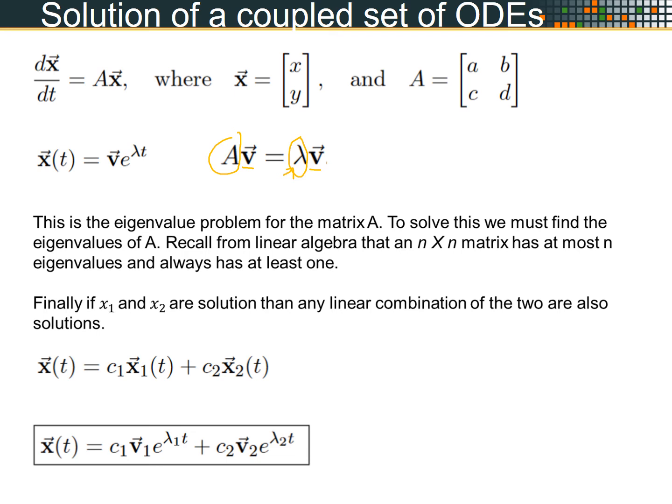So keep in mind again, if we have a matrix A that is n cross n, and we compute the eigenvalues and eigenvectors, then we have at most n eigenvalues and eigendirections, and at least one. Since we have more eigendirections, we have more solutions.